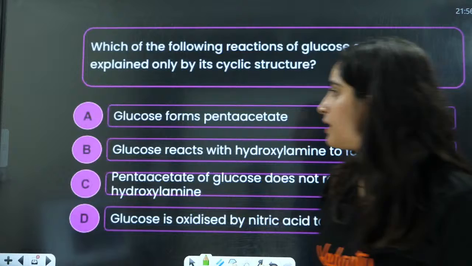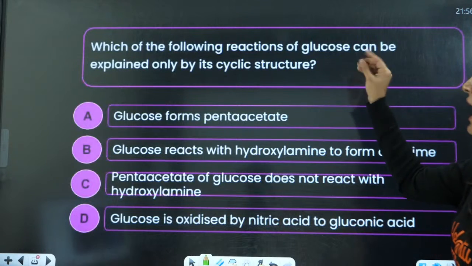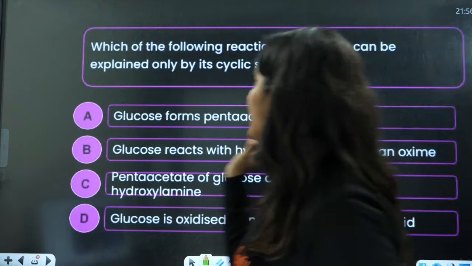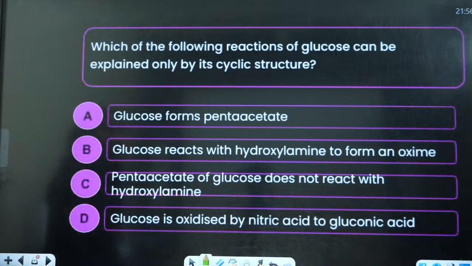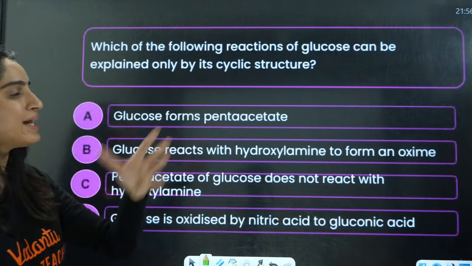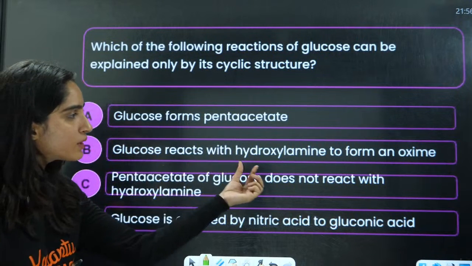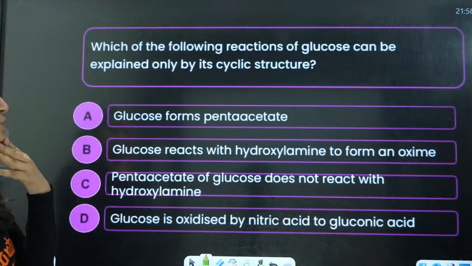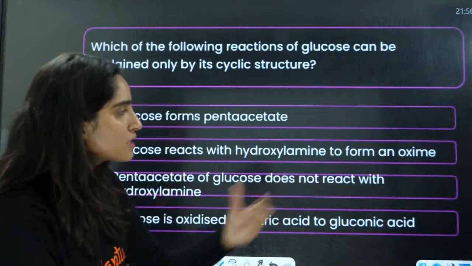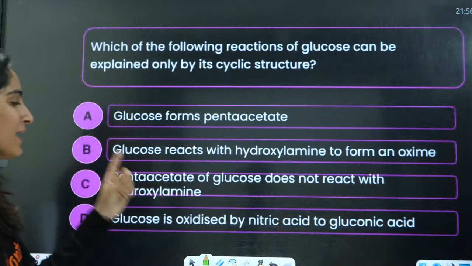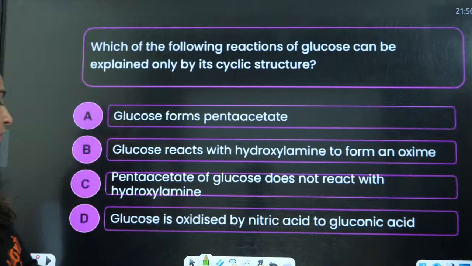Next: which of the following reactions of glucose can be explained by its cyclic structure? Glucose forms a pentaacetate. Glucose reacts with hydroxylamine to form an oxime. Pentaacetate of glucose does not react with hydroxylamine.